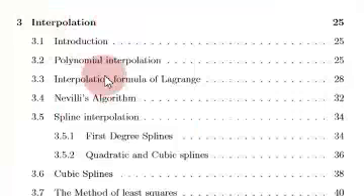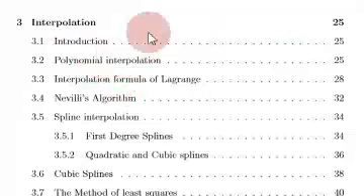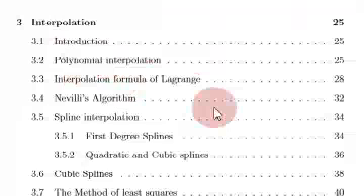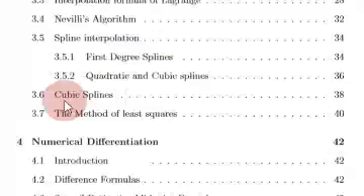If you are given a finite data set, how do you find a function going through those data points? You will interpolate a polynomial, and that polynomial goes through those data points, right?